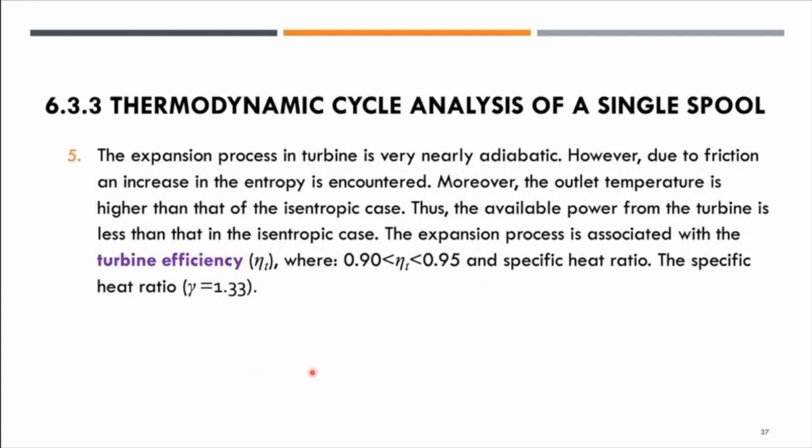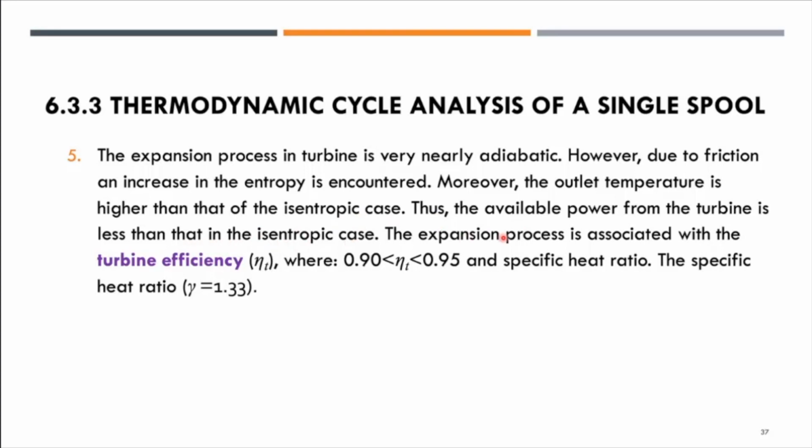Okay, so next one, the expansion in turbine, where the expansion process happening is nearly adiabatic. However, due to friction, an increase in the entropy is encountered. Moreover, the outlet temperature is higher than that of the isentropic case, and thus the available power from the turbine is less than the isentropic case.